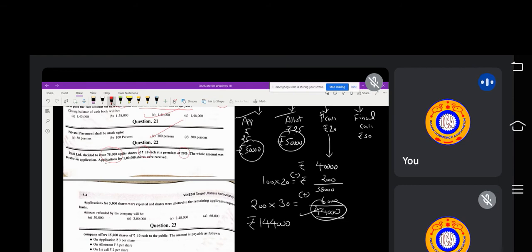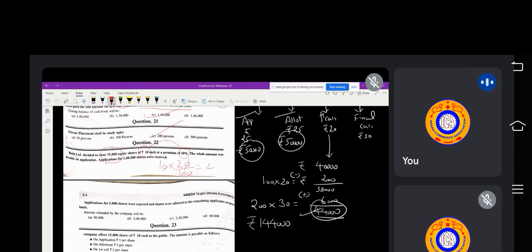Always remember, when premium is given in percentage, it should be applied on the face value. So 10 rupees is the face value, 20 percent is the premium. So 10 into 20 by 100 gives you an amount of rupees 2.